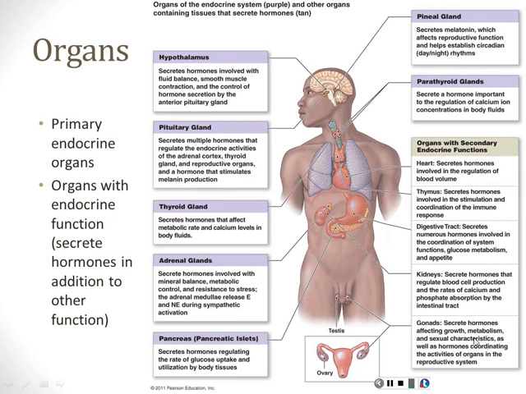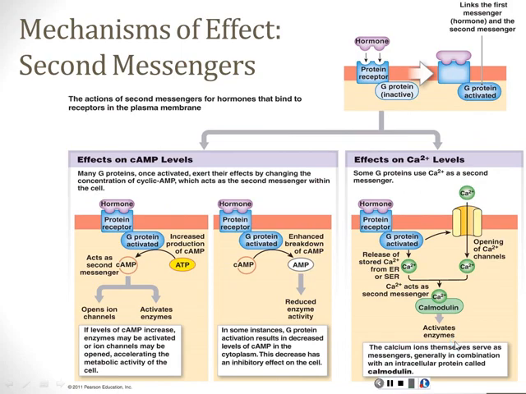So we're going to talk about those endocrine functions when we get to the reproductive system at the end of the course. All right, so we've got our primary endocrine organs, and then organs that have secondary endocrine functions. So these guys we're going to talk about in this chapter. These we're going to learn more about later. All right.